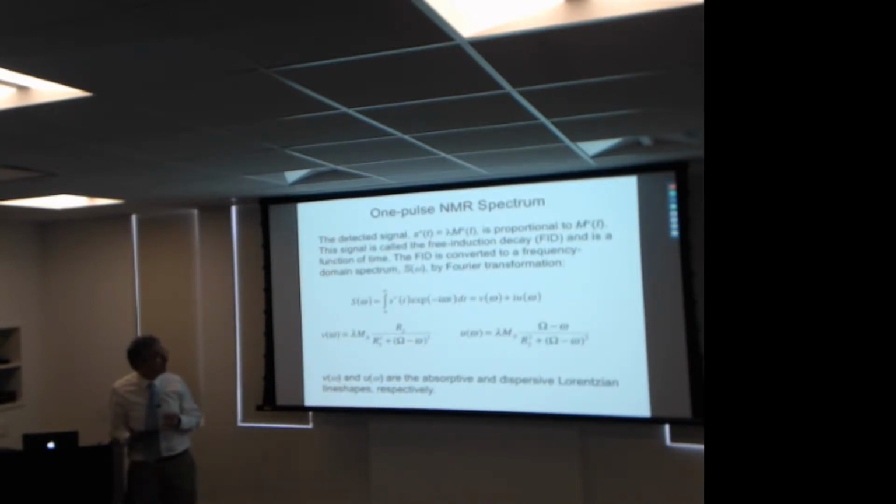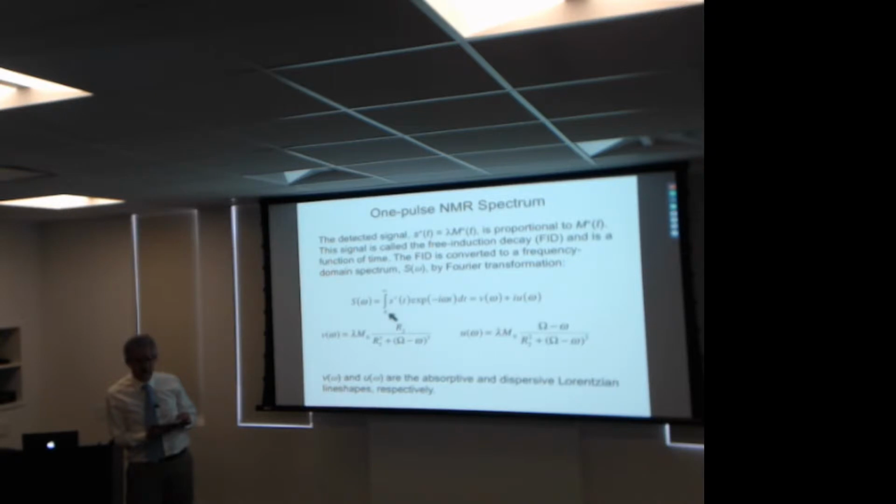And then we have to do the Fourier transform. So we'll talk more about Fourier transforms later, but here's an expression. We have our signal as a function of time. It's multiplied by a complex exponential as a function of omega, and then integrated from 0 to infinity.